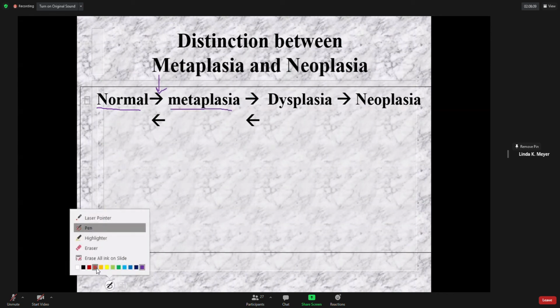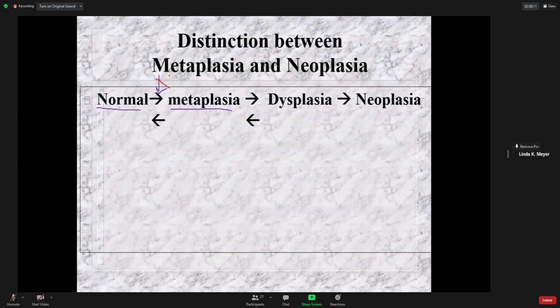If we take away that stimulus, the tissue can return to normal. If that stimulus continues, we can go to dysplasia, which, just for right now, suffice it to say means premalignant changes.